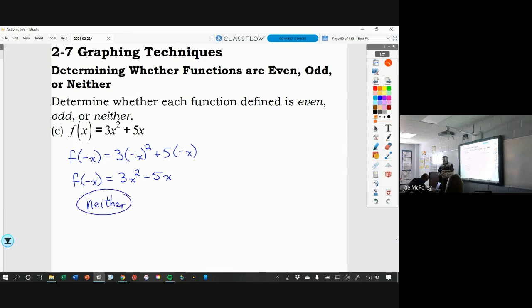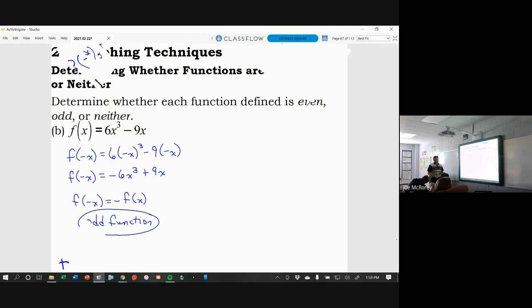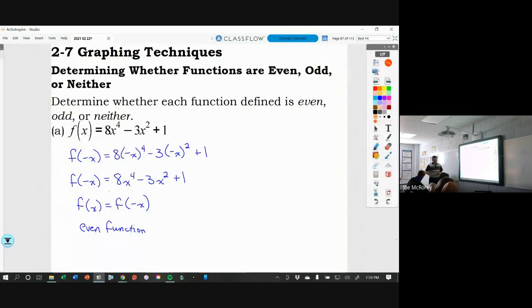So again, let's go back. Look at these one more time. If the function f of x is equal to the same function when you plug in a negative x, if you get the exact same thing you started with, it's even.